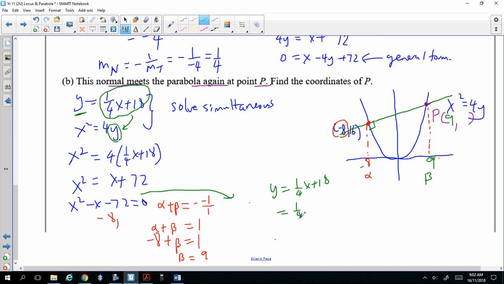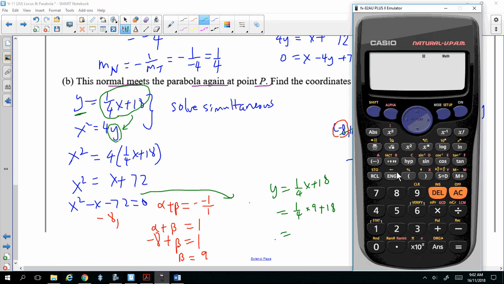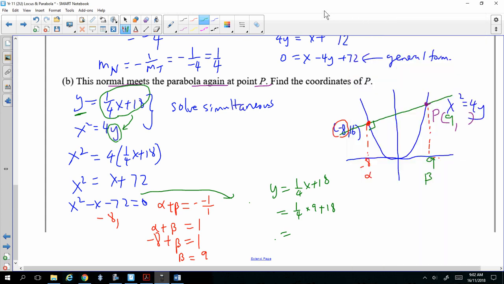And then use your calculator. So 0.25 times 9 plus 18, and that will be equal to 20.25. That's it, we've got P. P is 9, 20.25.